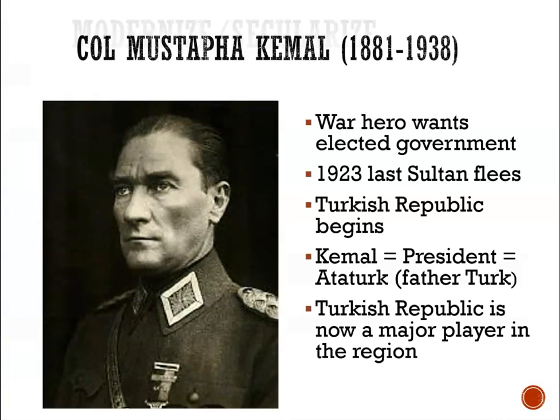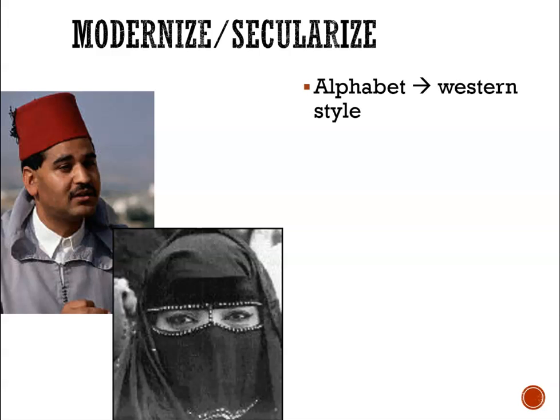A lot more we could say there, but one of the things he's going to do is to modernize Turkey and to secularize Turkey. So really change it from being a strongly Islamic state to a modern state.